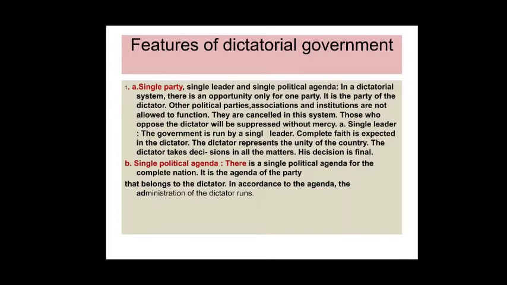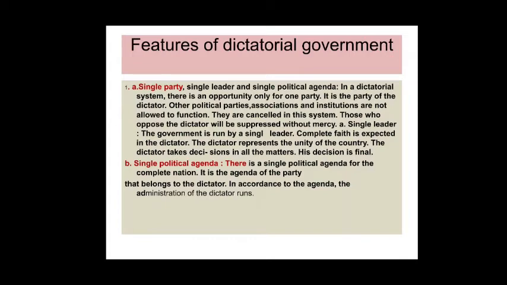Single leader. The government is run by a single leader, and complete faith is expected in the dictator. The dictator represents the unity of the country. The dictator takes decisions in all matters, his own decision. His decision is final. Single political agenda.